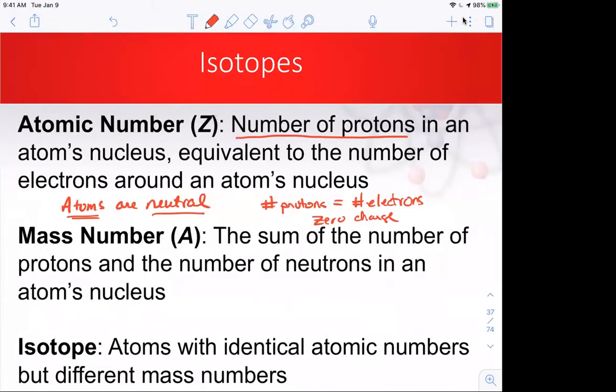So if I know the atomic number, in the neutral atom, I also know the number of electrons that are zooming around the atom's nucleus.